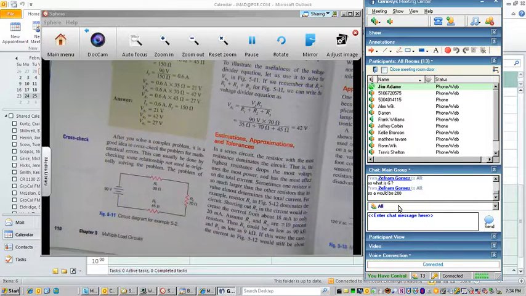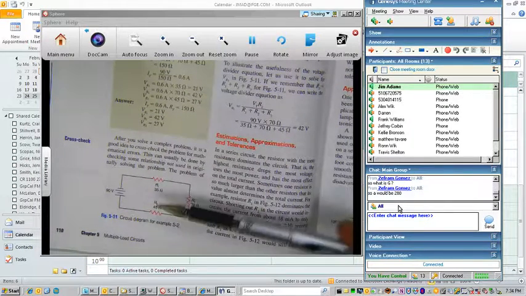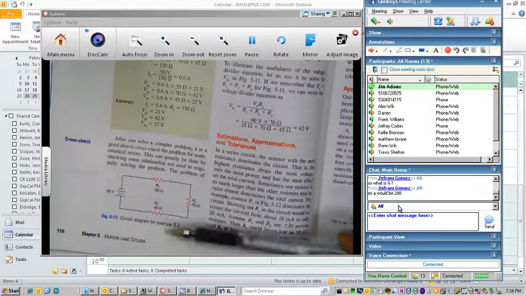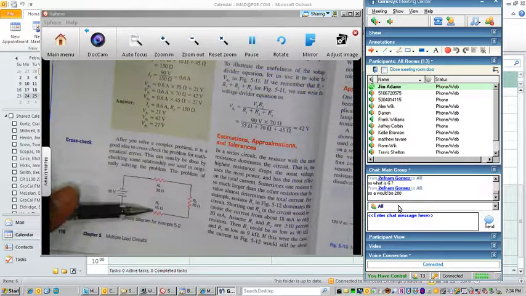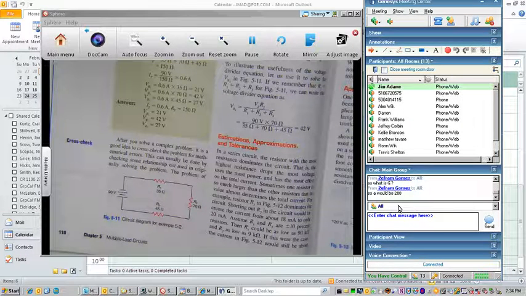Okay, let's figure it out here, right? We got 2 resistors, and we're going to short out R2. If we short out R2, right now our total resistance would be R1 plus R2 plus R3, correct?